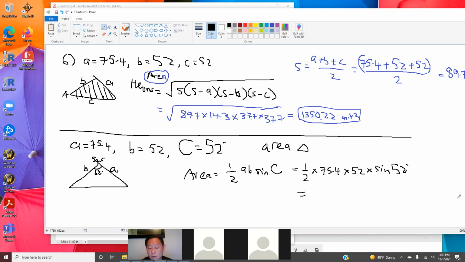And you just use your calculator to do this. So very heavy on calculator. This will give us 1,544.82 square units.